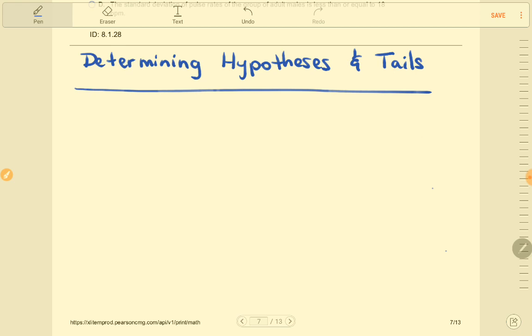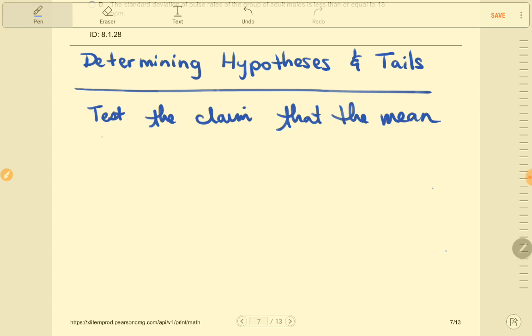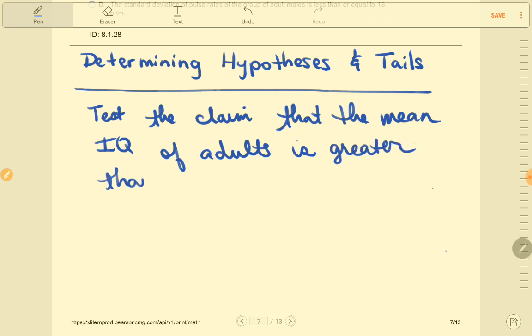So we could have a test where the wording says, test the claim that the mean IQ of adults is greater than 100.